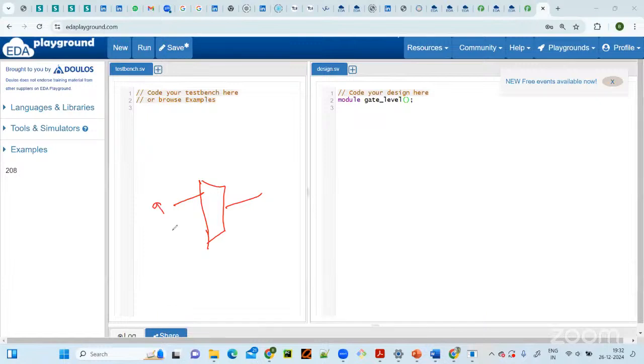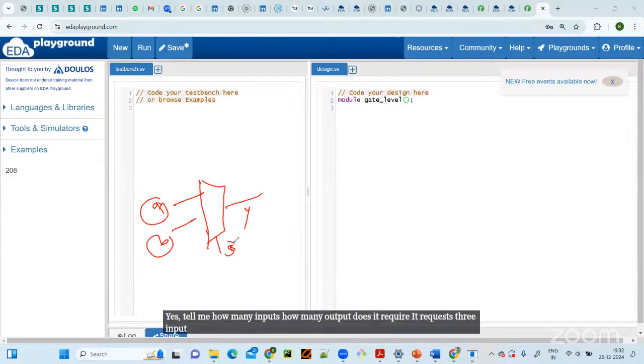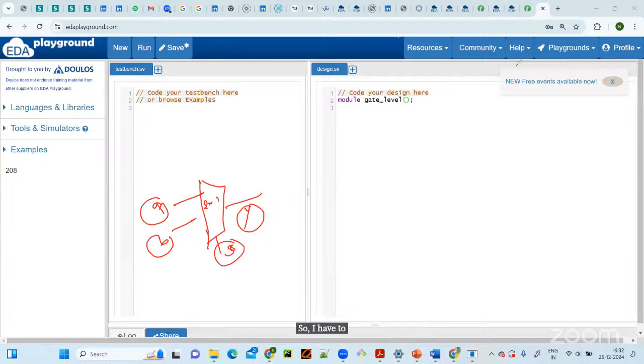It requires three inputs: A, B, and the selection line, and one output. So totally how many ports are required? Four: A comma B comma S comma Y. I need 4 ports.